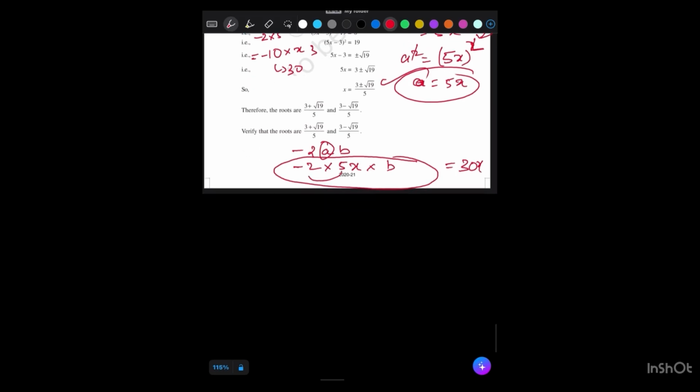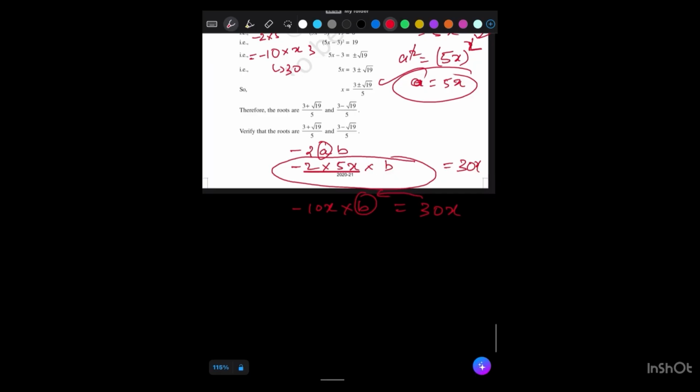Okay, minus 2 and 5x is 10x into b, but we don't know the value of b, but we know the final value is 30x. So if you multiply one number, b has to be a number, right? If you multiply that number with 10, you need to get 30. 10 into 1 is 10, so b won't be 1. 10 into 2 is 20, but we need 30. 10 into 3 is 30, yeah, we need 30, which means b is 3, right?